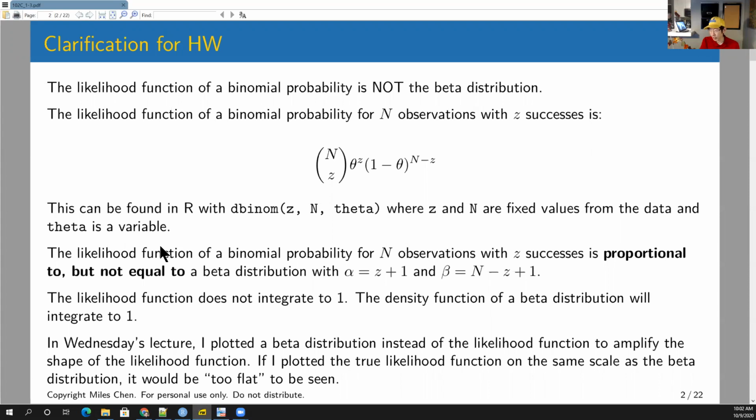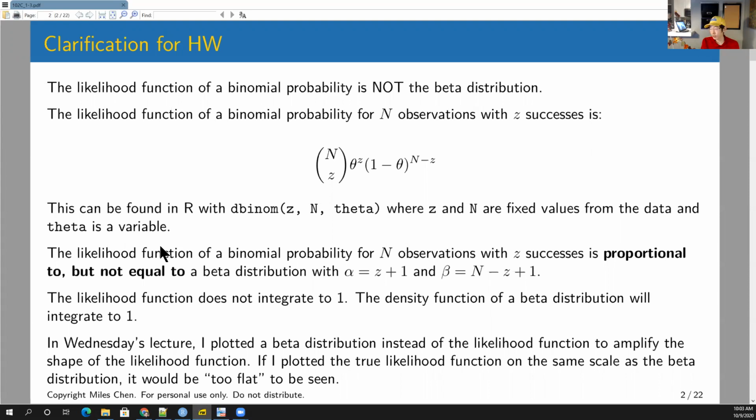But anyway, the likelihood function of a binomial probability is not the beta distribution. That's important to note. The likelihood of a binomial probability for n observations with z successes is this: the binomial probability, where you treat n and z as fixed values, and it's a function of theta.